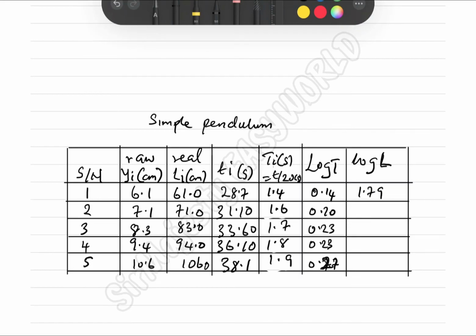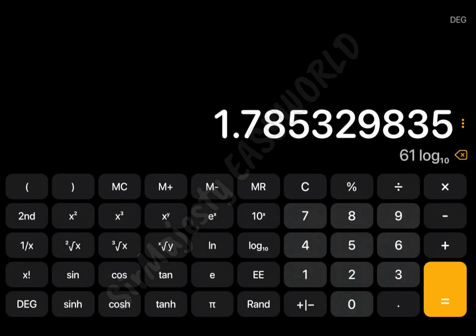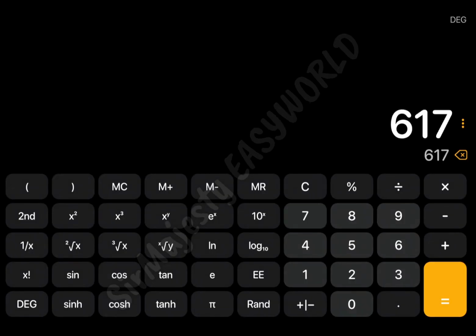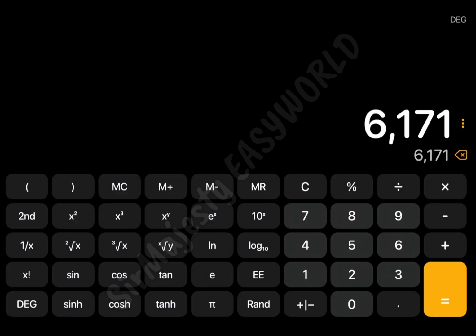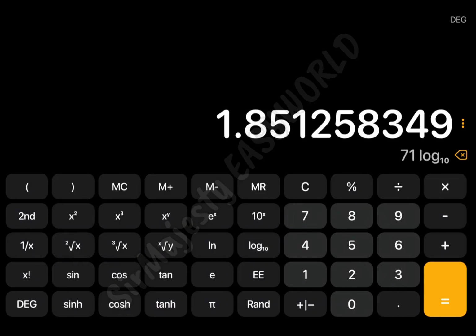Then log 71, it's too high, 1.85. So we go back and fill 1.85.